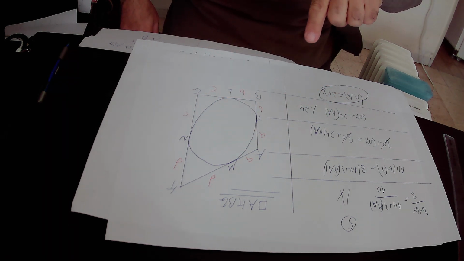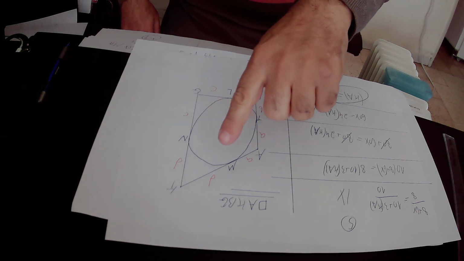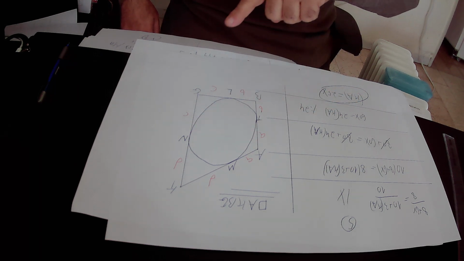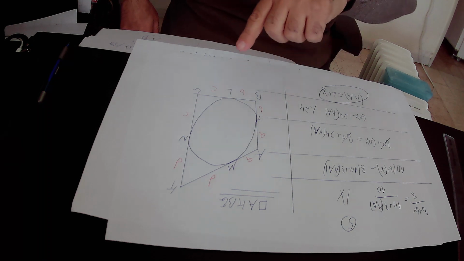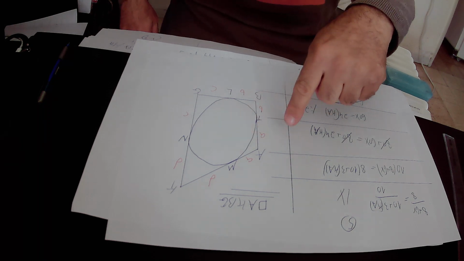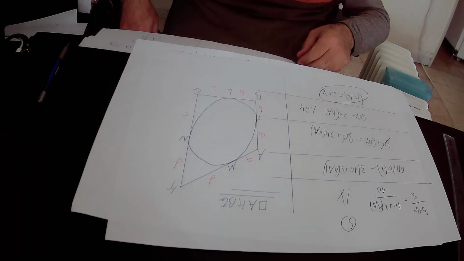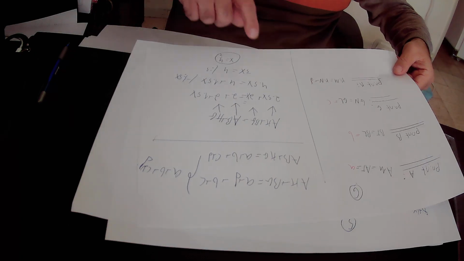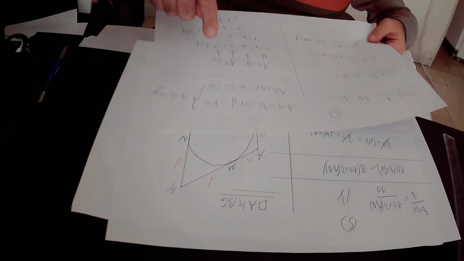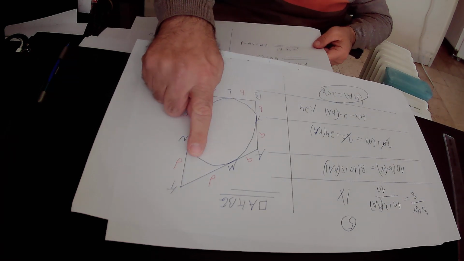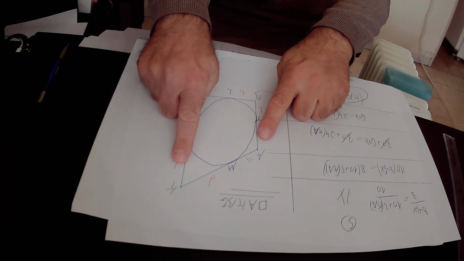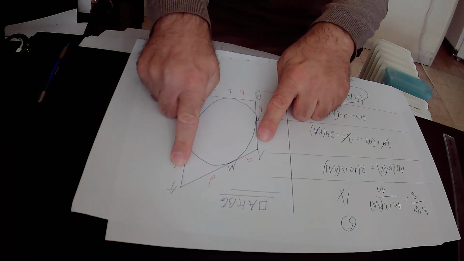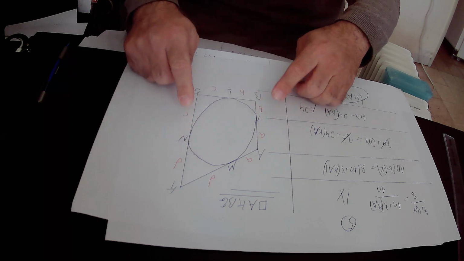Then we added side AK to side BG in quadrilateral AKBG. AK plus BG. What is the value of AK plus BG? From the drawing it is very easy to see that AK equals A plus D. So we substitute AK by A plus D, plus BG.